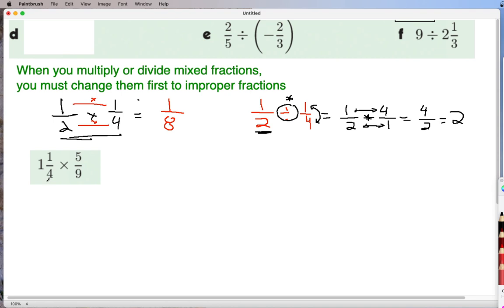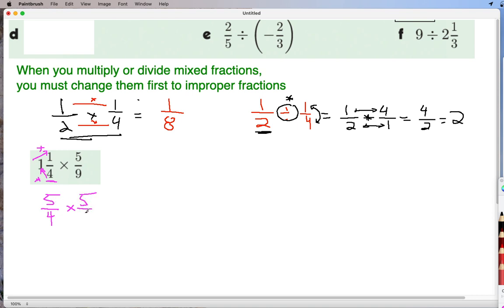It's simple. We take the denominator 4, and I'm going to go 4 times 1, okay, which is 4. And then I'm going to add the 1 on top here. So 4 times 1 is 4, plus 1 is 5, and we keep the 4 the same there. So now I've changed my 1 1/4 to an improper fraction.